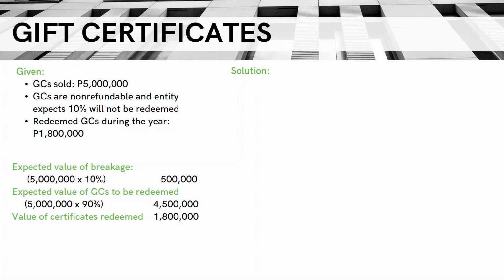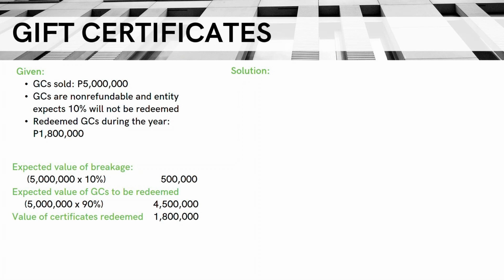So, first, we will compute here. The expected value of breakage is 5 million times 10%, that is 500,000. The expected value of the GCs to be redeemed is 4,500,000, because the two total 100%. This one is what will not be redeemed, and this one is what will be redeemed.